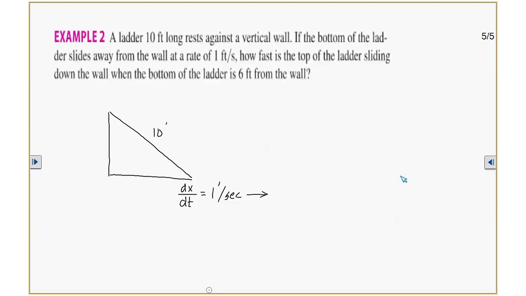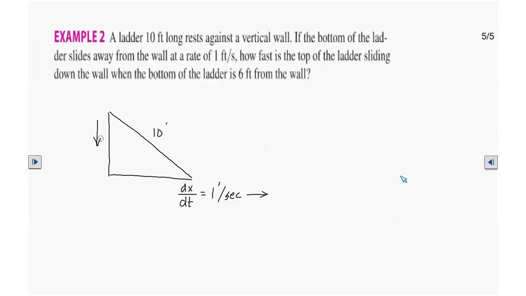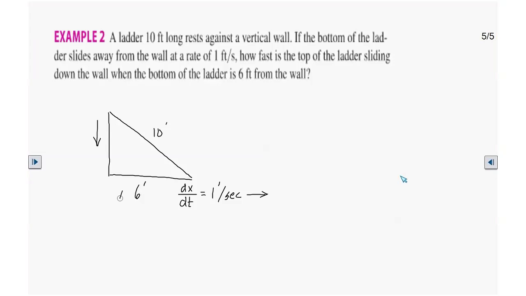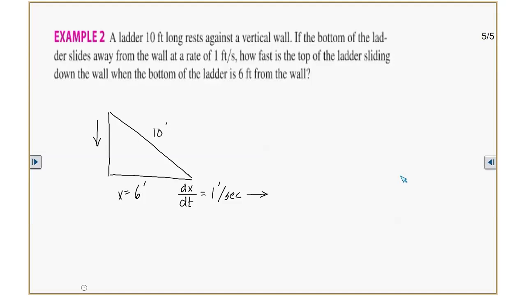So that means the ladder is going to be going down. So you're probably going to get a negative dy dt, sorry. We also have, later on, when the bottom of the ladder is 6 feet from the wall. So that's what's given to us.